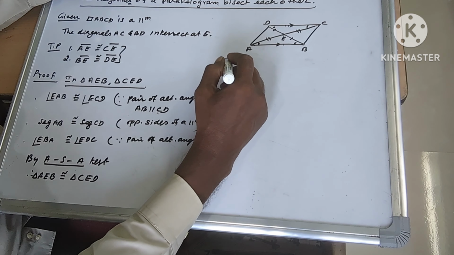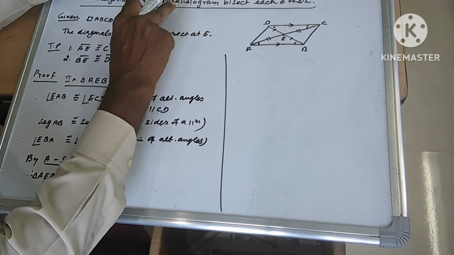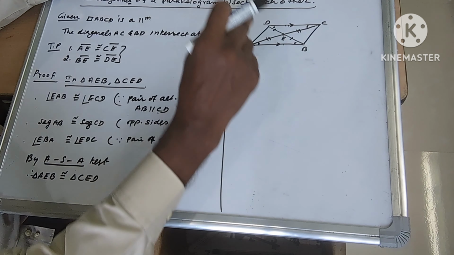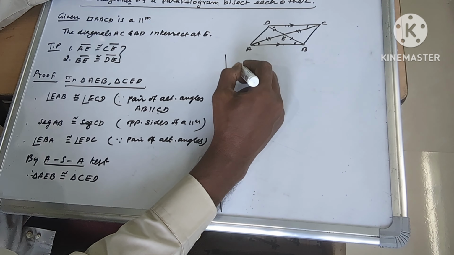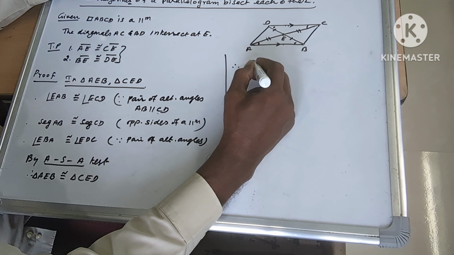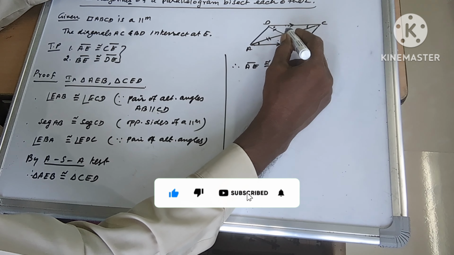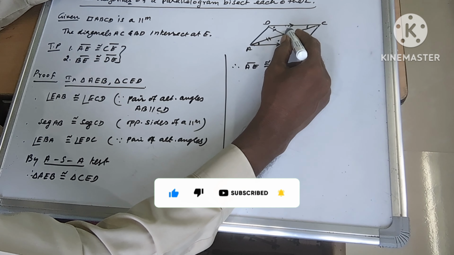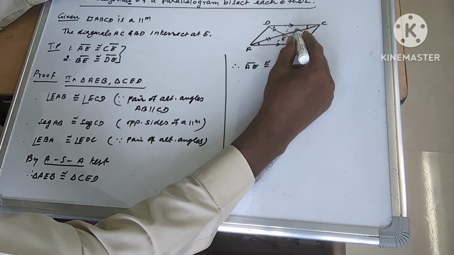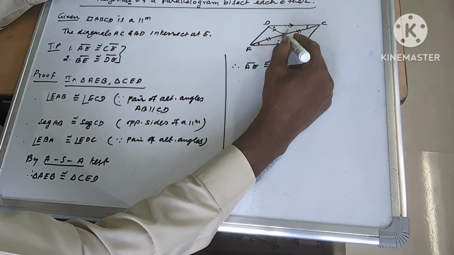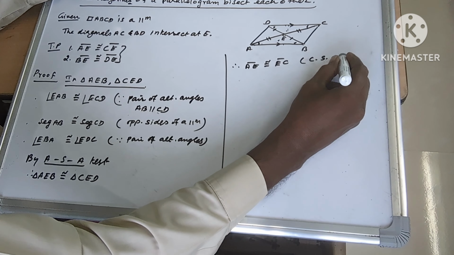So after proving this, what we have to say now is that the diagonals bisect each other. That is, E is the midpoint of AC. Therefore, segment AE is congruent to segment EC. In these two triangles, the side opposite to the dot here is this side here. AE and EC are congruent because corresponding sides of congruent triangles are congruent.